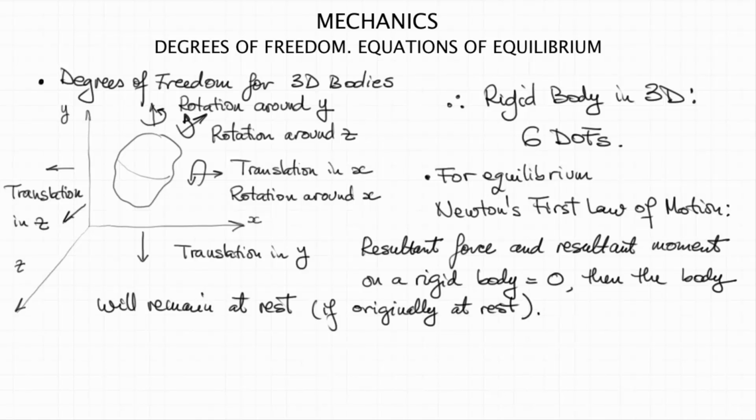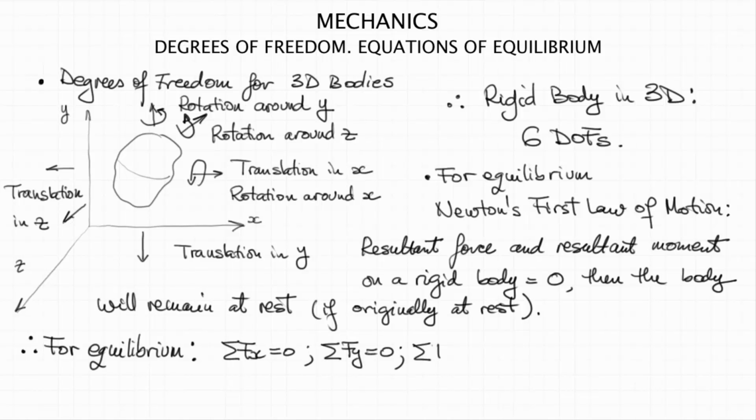Now we have to achieve these conditions, so we have to ensure that the resultant forces and moments along x, y, and z are all 0. So therefore we will have to write 6 equations of equilibrium in this case. So that these will be summation of forces along x, summation of forces along y, and summation of forces along z must all equal 0.